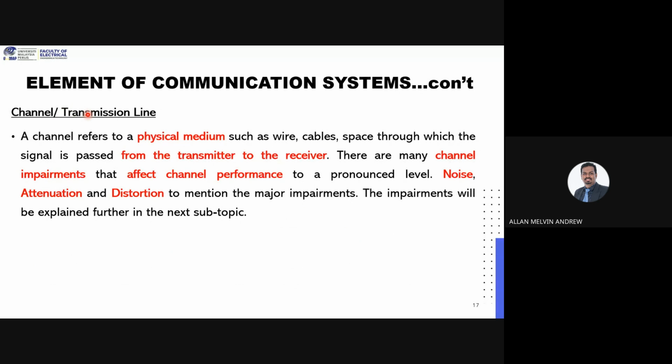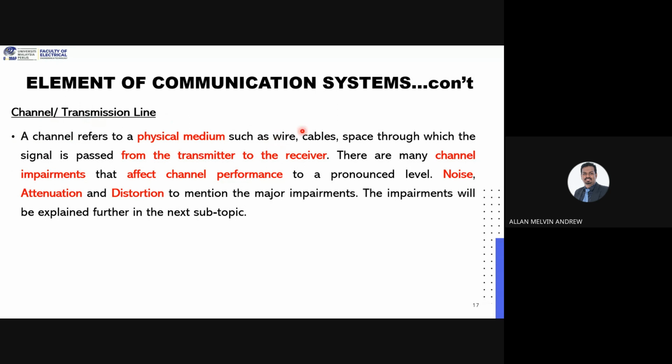Okay, so like how I said earlier, we have normal air surrounding us. So there are a lot of electromagnetic waves in between. So we can utilize that to transmit. Okay, that is what we call a channel or transmission line. Okay, so a channel refers to a physical medium such as wire.